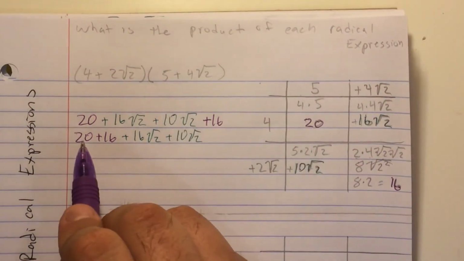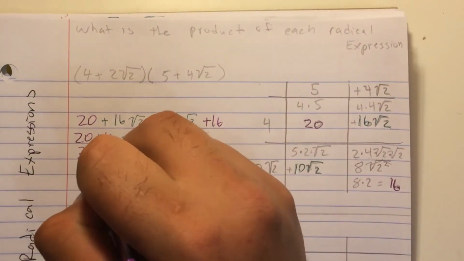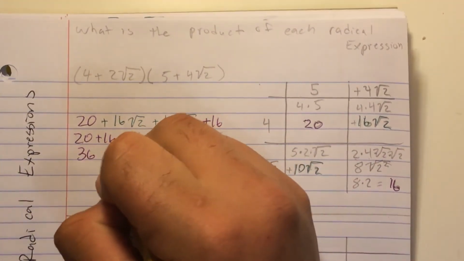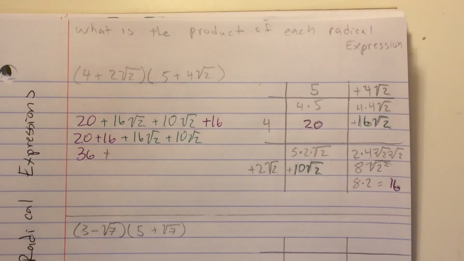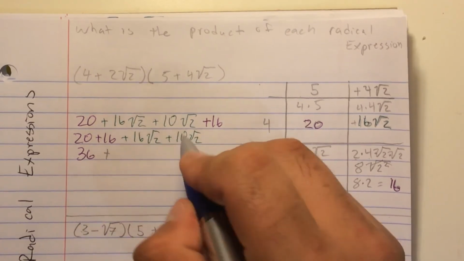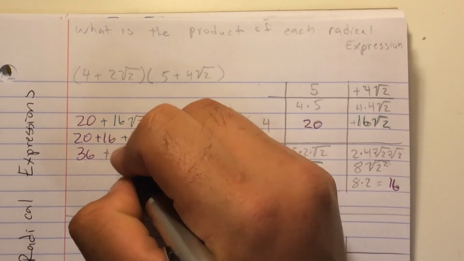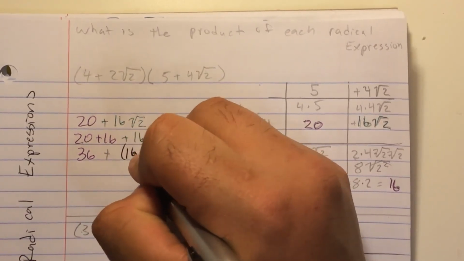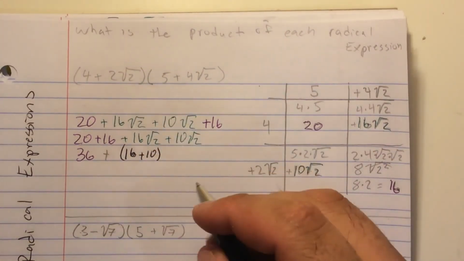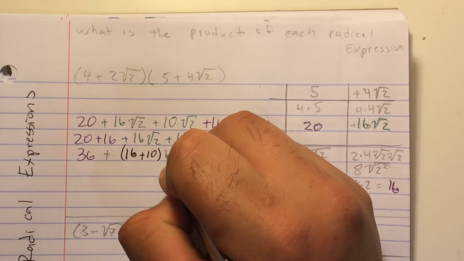I know 20 plus 16 is 36. And then we're going to have our plus symbol, and we're going to do our distribution. Distribution here is our 16 plus 10 times our radical 2.